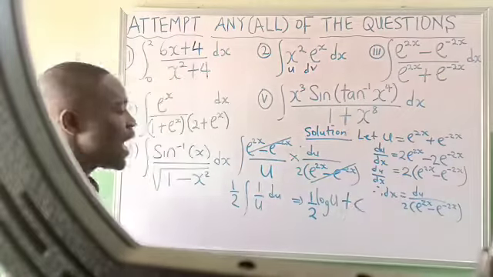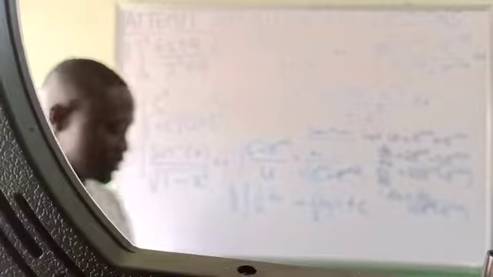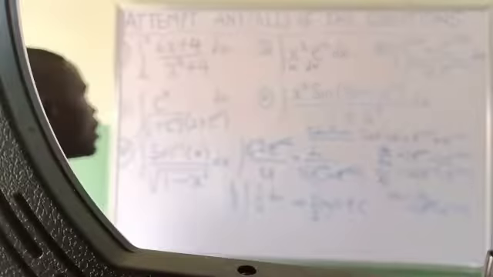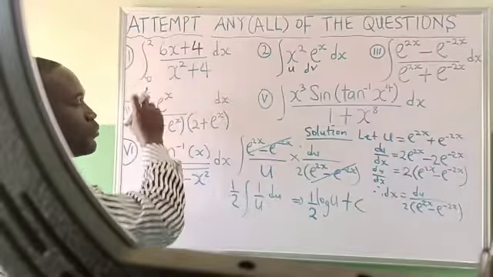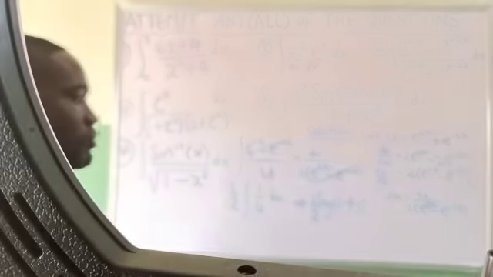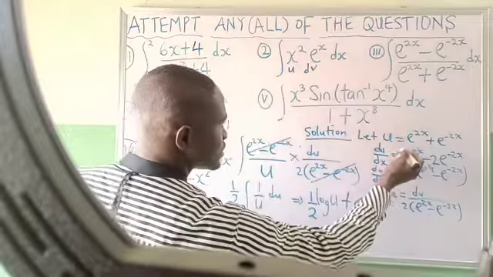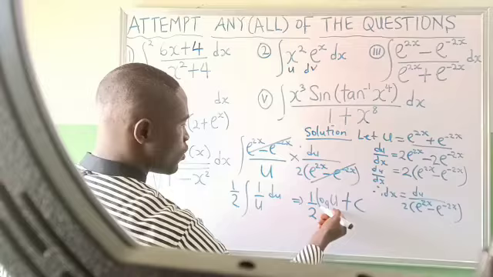Why are we putting plus c at this point? It is because it doesn't have upper and lower limits. When we solved the earlier one, we didn't put plus c because it has upper and lower limits. So check our videos and see where we solved it. Now our u is taken to be this, so we replace.